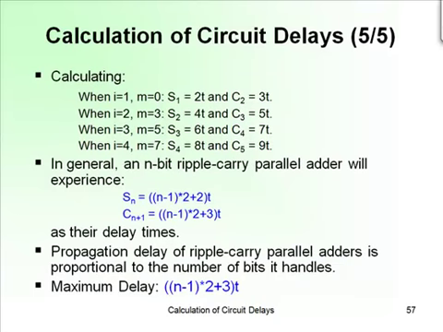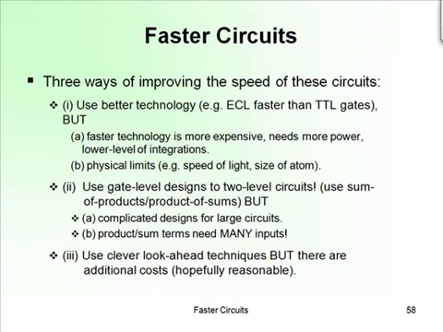So the propagation delay of a ripple carry adder is proportional to the number of bits it handles, and the maximum delay is (number of bits minus 1) times 2 plus 3, times t. So this gets worse and worse the more bits you add. The way this was fixed, there's a couple of strategies you can employ.